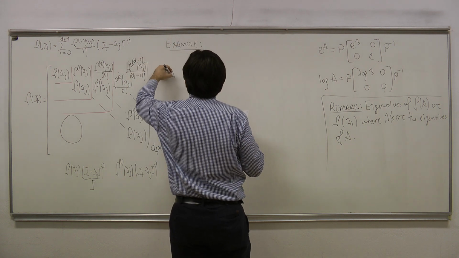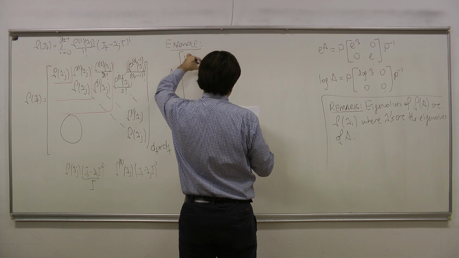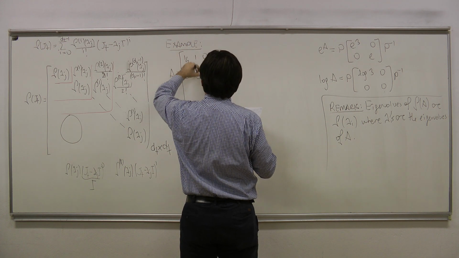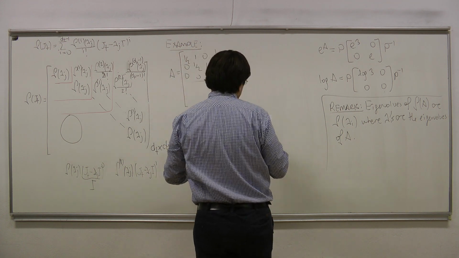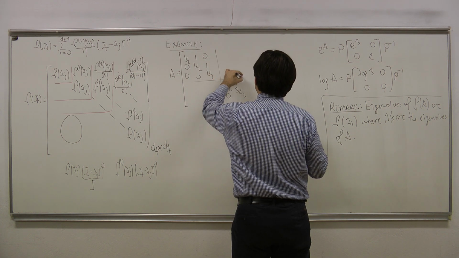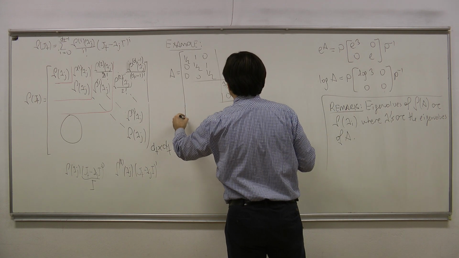So I would have A equals to 1 over 2, 1 over 2, 1 over 2, and 1, 1 here, 0, 0, 0. A 3 by 3 Jordan block, then 3 over 2, 3 over 2, and I would have 1, a 2 by 2 Jordan block.